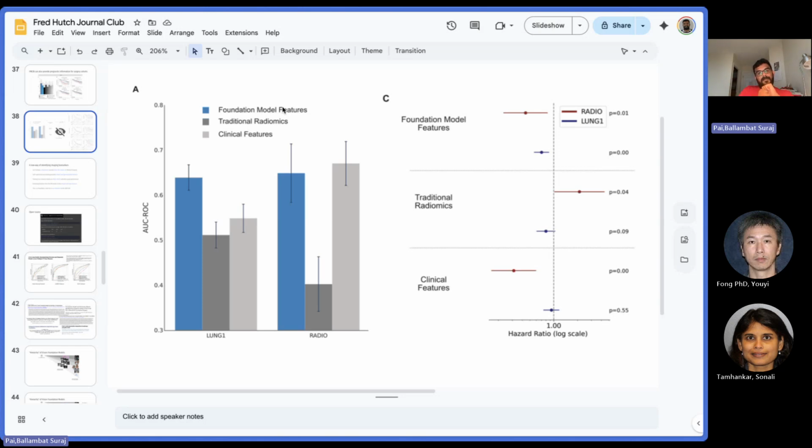Because this way of pre-training is very generic and doesn't constrain the model to identify anything specific. I think there's a stronger argument that this sort of pre-training can be used for features that go beyond just TNM staging and can be more generalized.